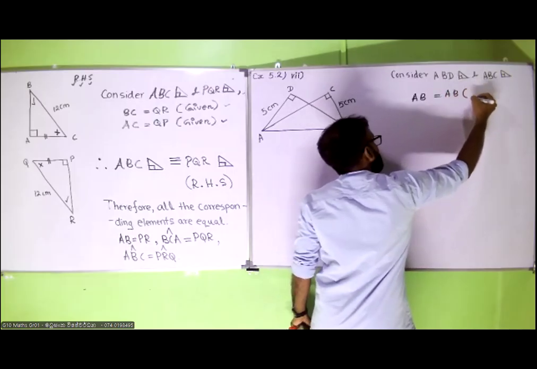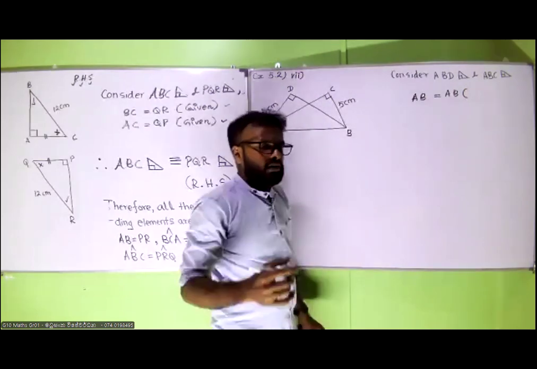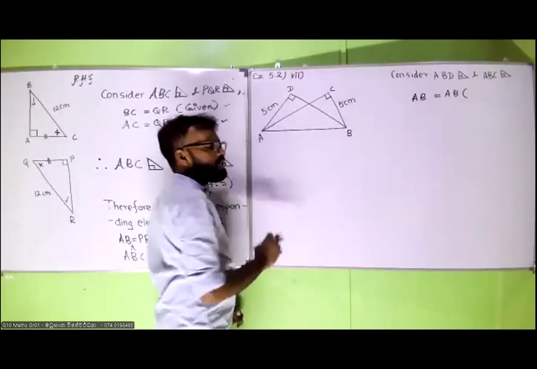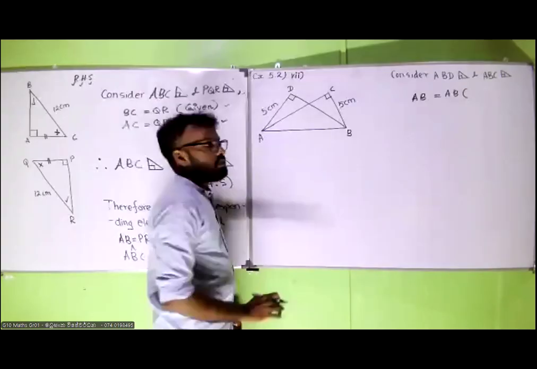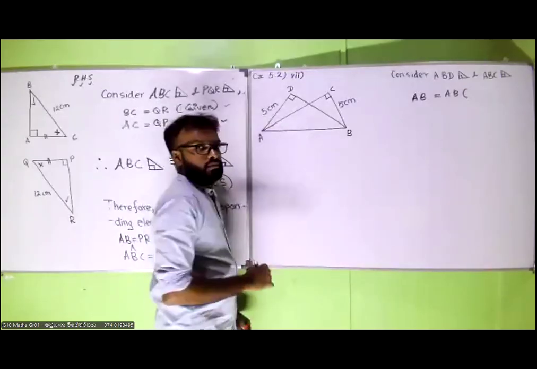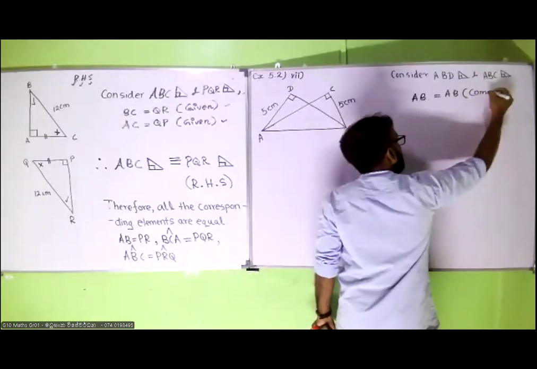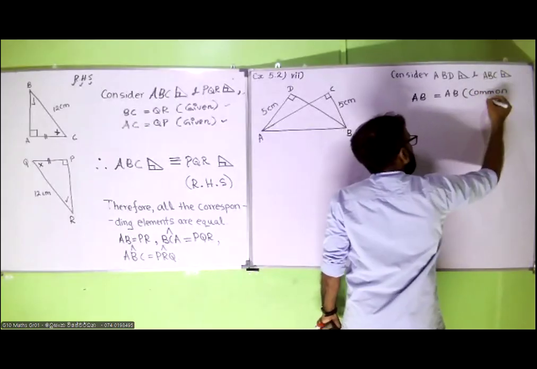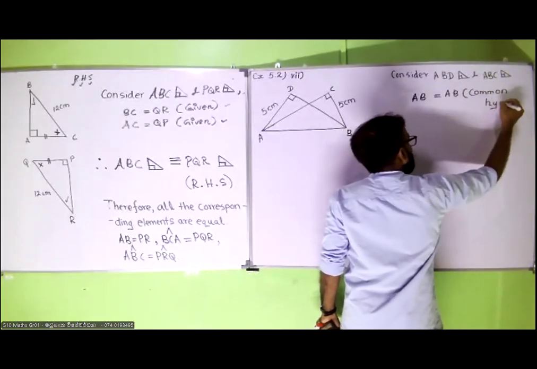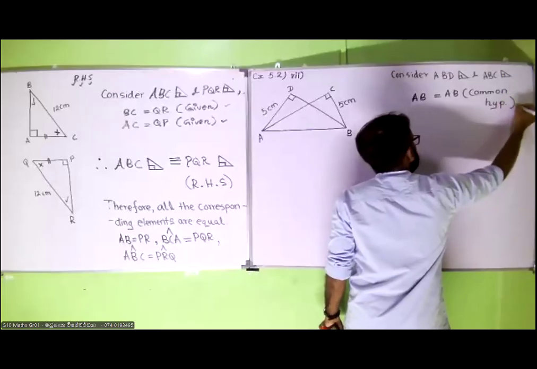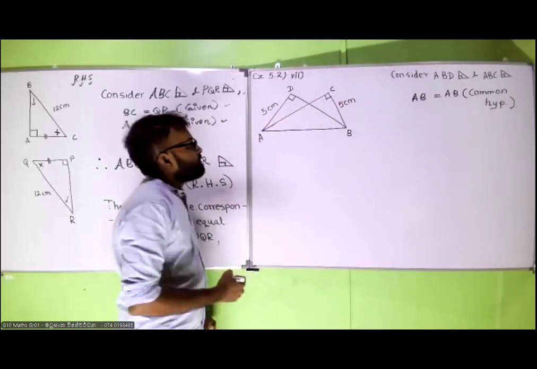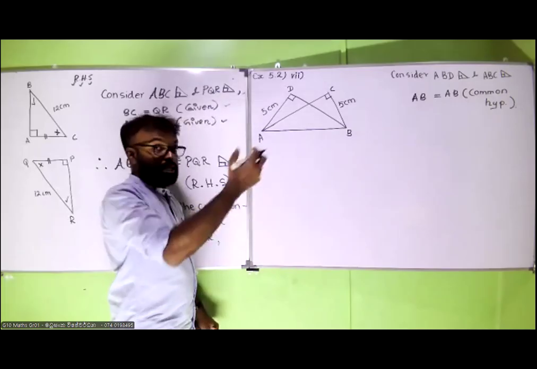I will write common hypotenuse, because this AB side is common for both triangles.